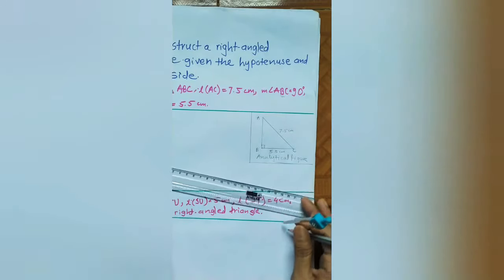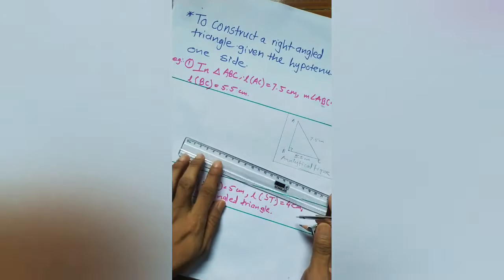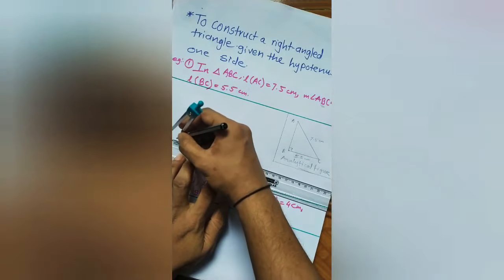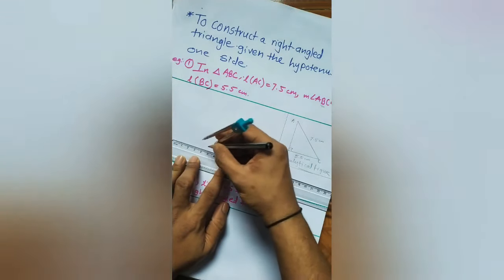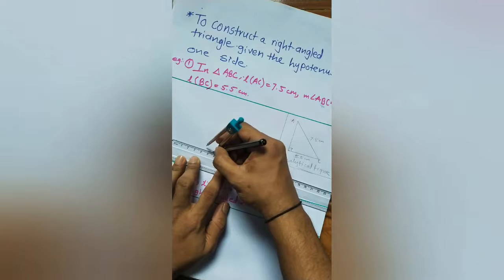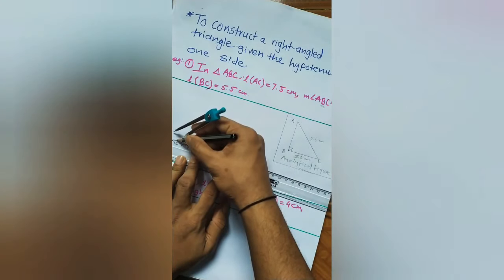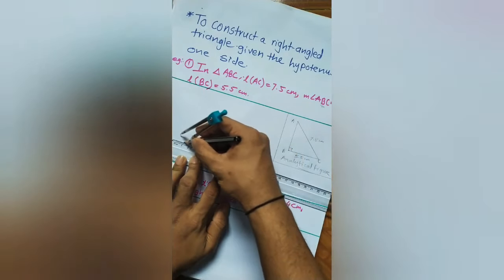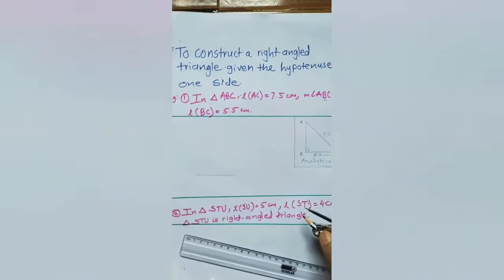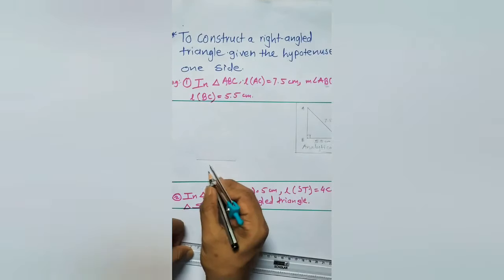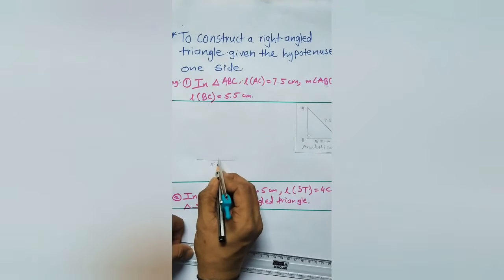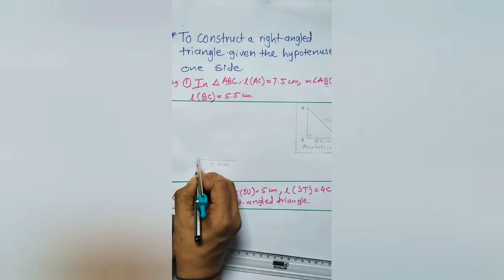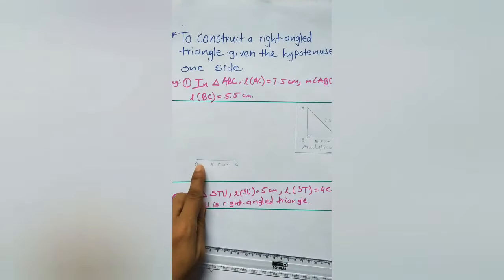So we take two points, the first point at 0 and the second point at 5.5, and then we join those two points, so we get segment BC of 5.5 centimeter. Now we have to draw a right angle from point B.